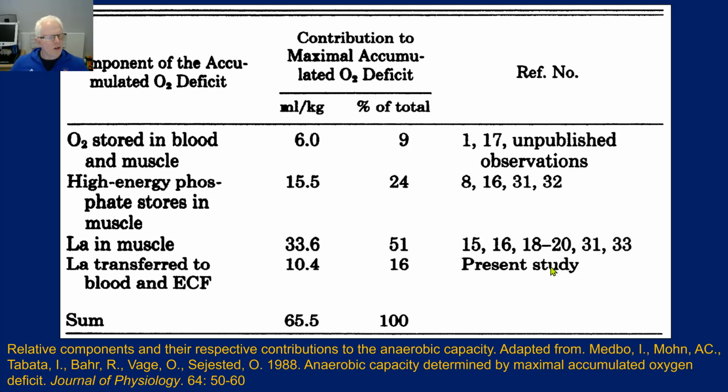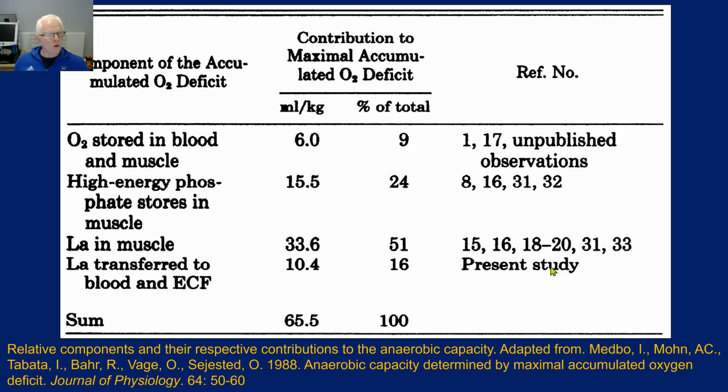So what you can see is that even when we're working in excess of VO2 max, which is what is happening here, where the participants in the study would have been working at about 120% VO2 max, there's about a 9% contribution to the total energy turnover coming from O2, which is stored in the blood and muscle.